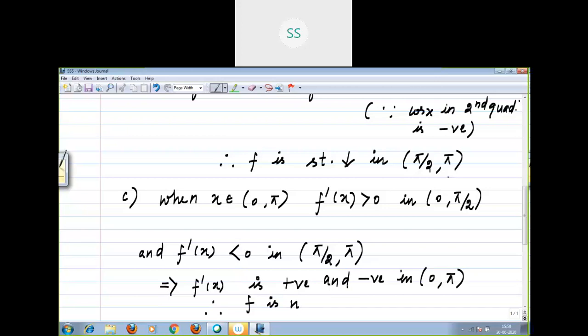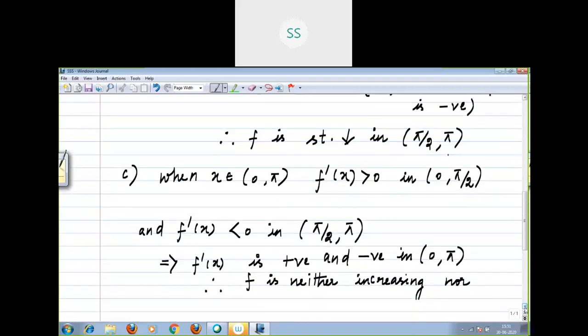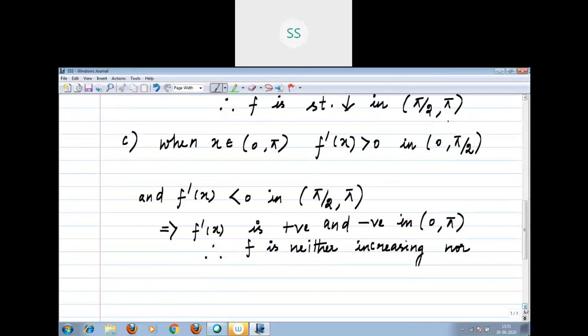I said the function is neither increasing nor decreasing in the open interval 0, pi.